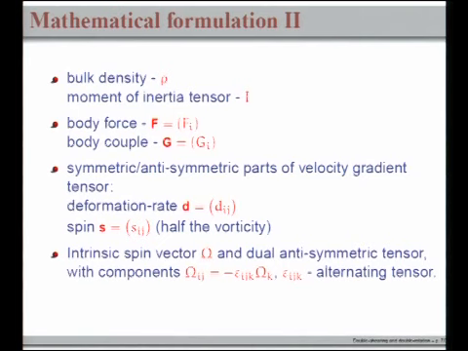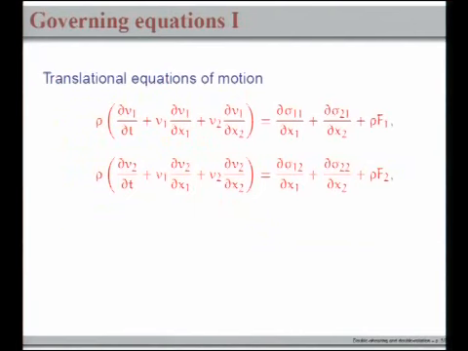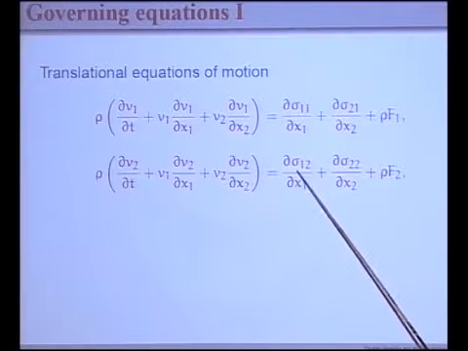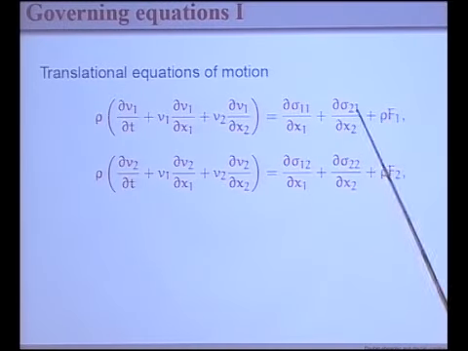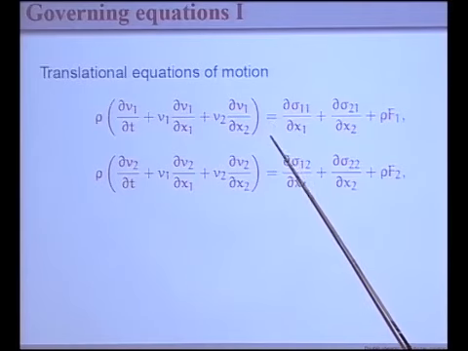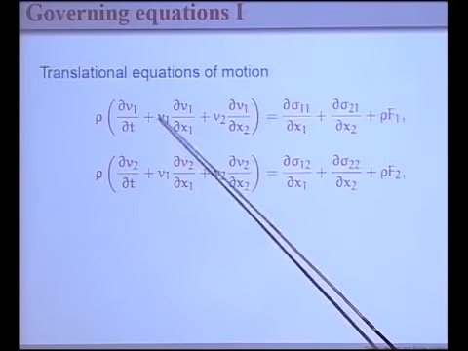The intrinsic spin vector, in constitutive equations, it's convenient to convert that to an antisymmetric tensor, so the dual tensor I'll also call capital omega, and there is the definition. So I'll just move from one description to the other without mentioning it. That's basically our notation. The governing equations, maybe some of these things are not so important, let's move through these quickly.